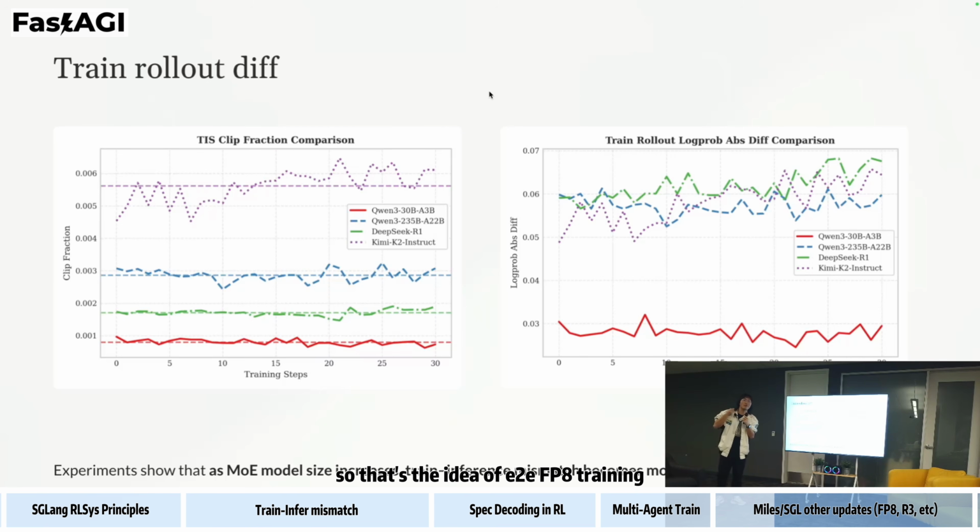So that's the idea of end-to-end FP8 training. We train with FP8 and we run inference with FP8, then directly transfer the trained FP8 checkpoint back to inference. Everything works smoothly. There are several links demonstrating how this work is being finalized, and we have blog posts on our website, lmc.blog, where you can see how we are doing this kind of unified FP8 training.